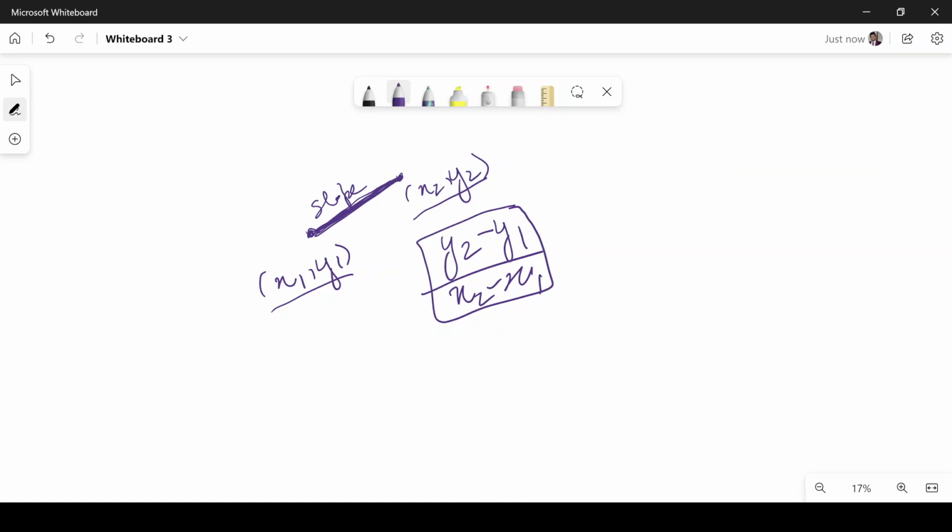Now again, if we add an extra point, suppose we extend this line and we add an extra point here denoted by x3 comma y3.